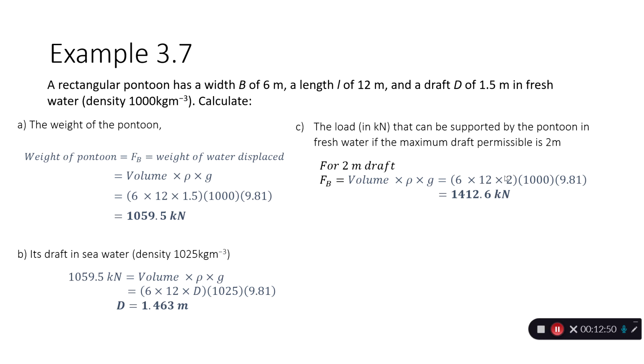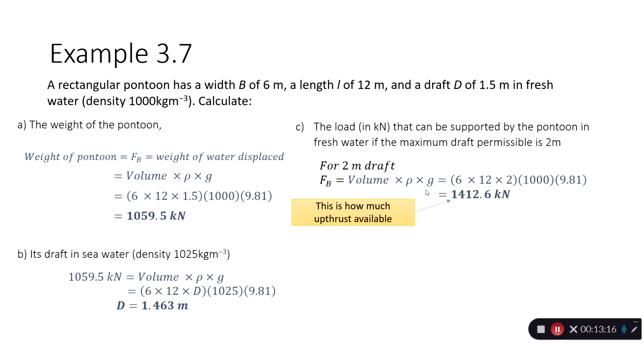Here we switch the value of draft to 2 meters. So we get a new buoyancy force compared to here, because here the draft is just 1.5, here is more. Just by adding a draft of 0.5 meters, you can have almost 400 kilonewtons more of load.